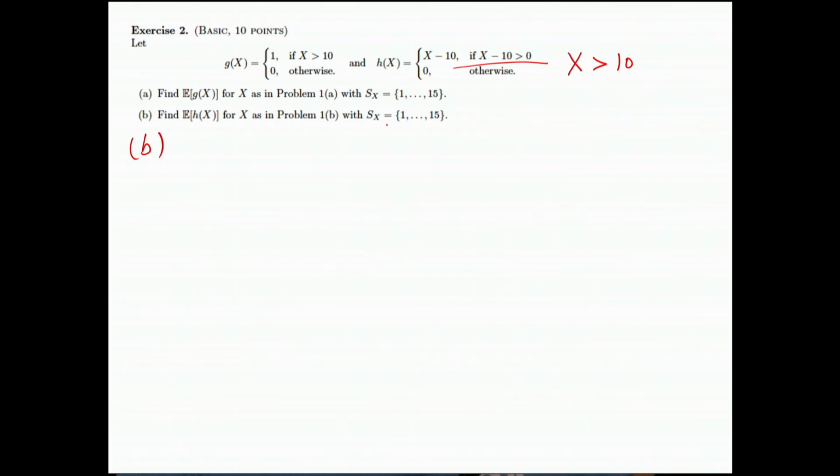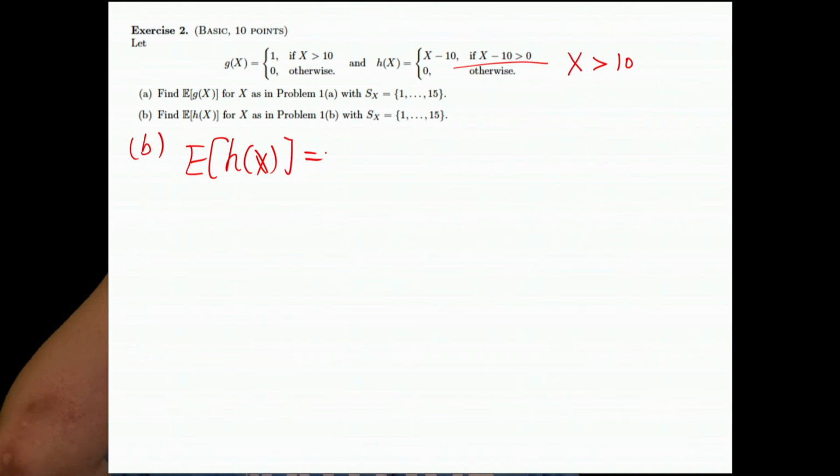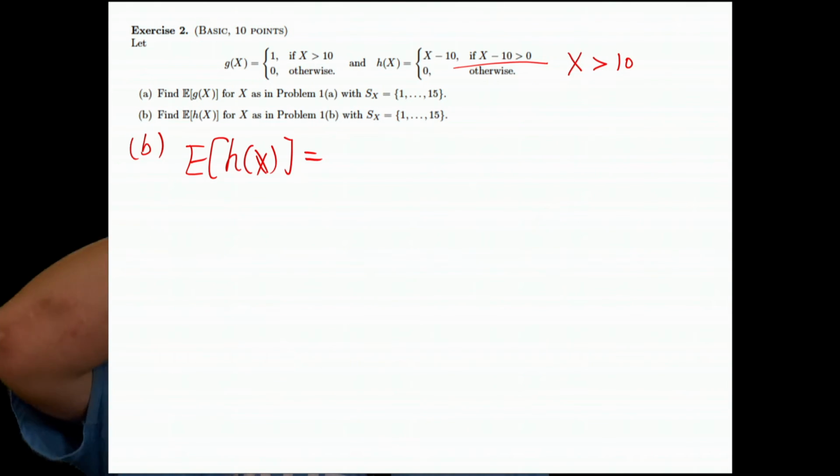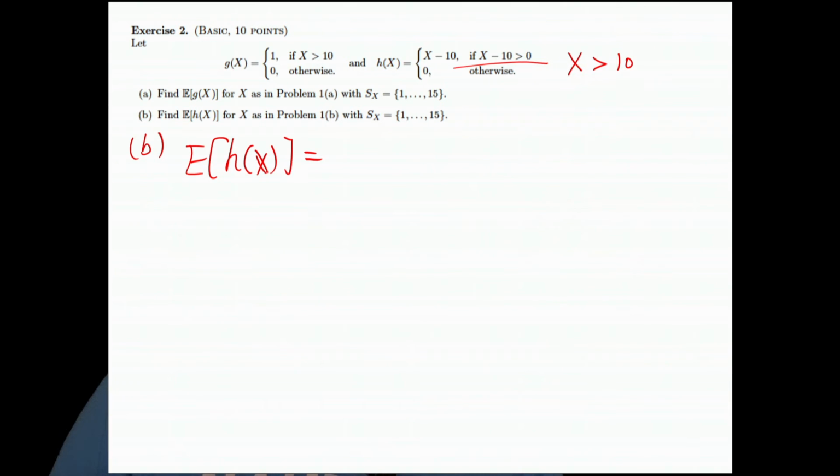Same thing, in the sample space where I have 15 outcomes. So the expectation of h(x): every time you want to find the expectation, write down the basic definition first, and it is easy to follow that and find your answer.